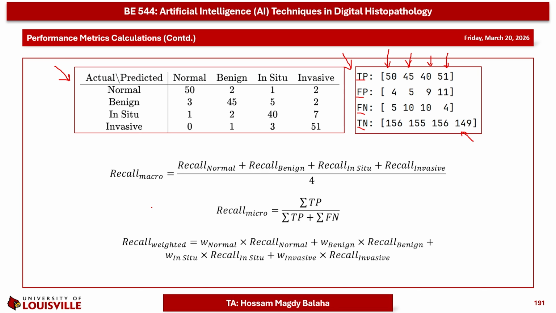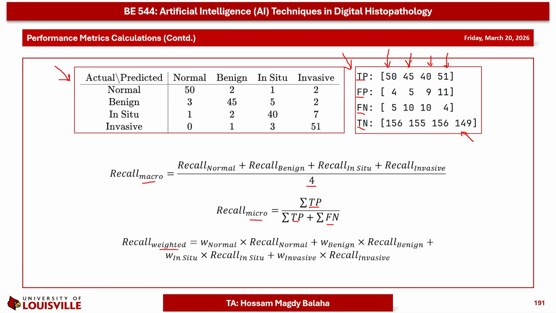So here, let's assume that we are calculating the recall. To calculate the macro recall, you will calculate the recall for each class individually and then divide by 4, which refers to the number of categories. In micro recall, first sum the individual parts and then calculate the recall.